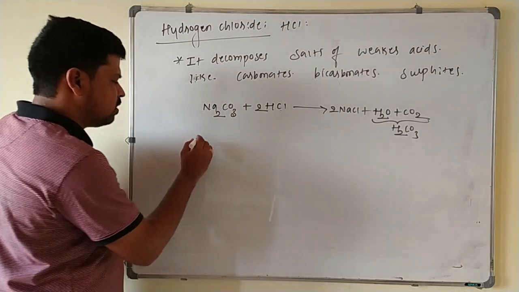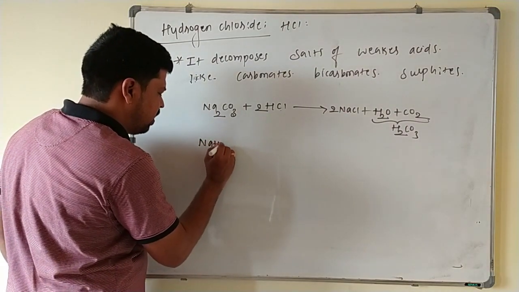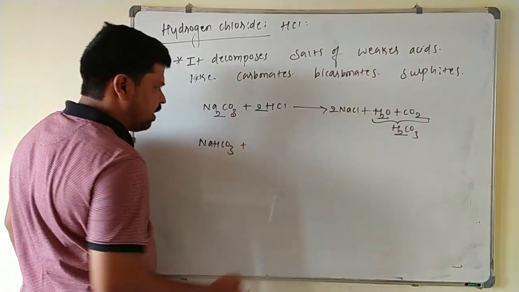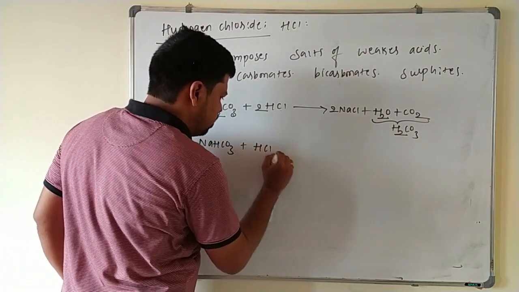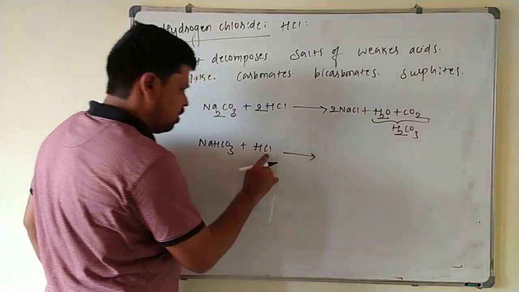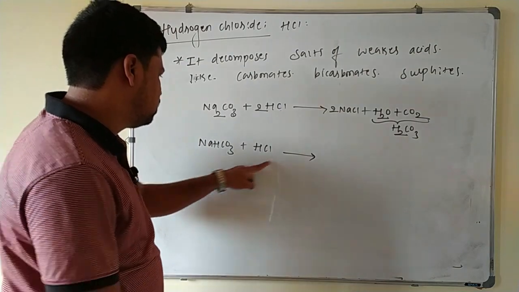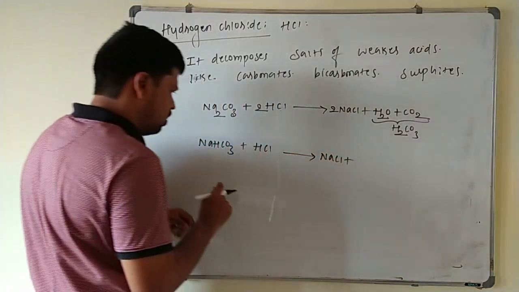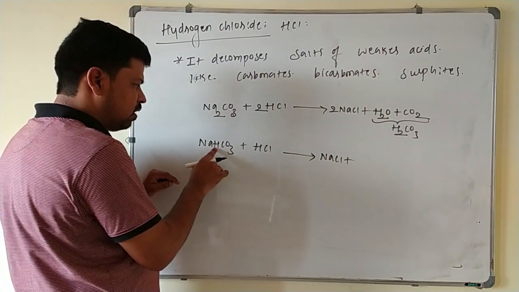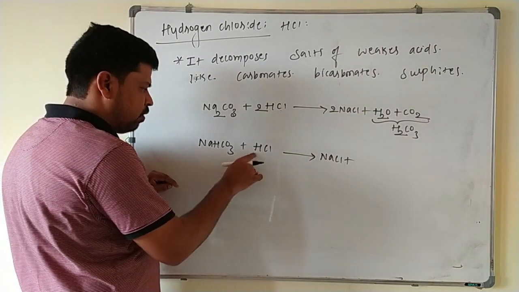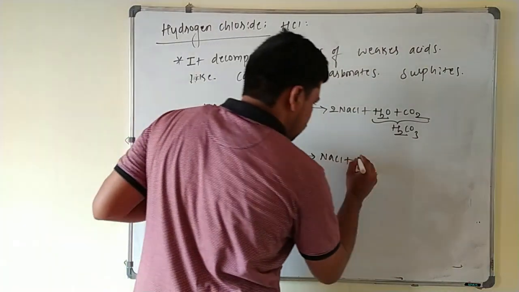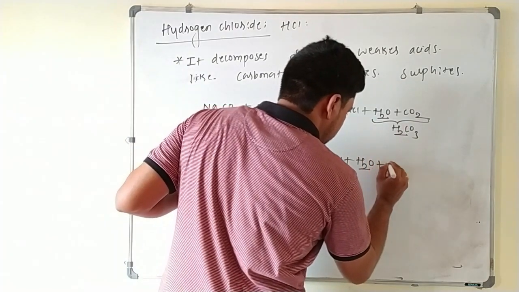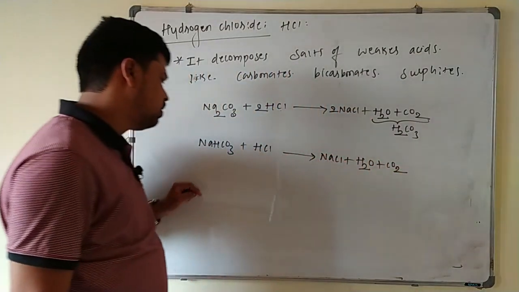Okay, suppose if I take sodium hydrogen carbonate, nothing but bicarbonate, this on treating with HCl, the sodium combines with this chlorine, this is NaCl, and this H combines with this hydrogen, 2 hydrogen, they will combine with 1 oxygen to form one water molecule plus CO2 is formed.